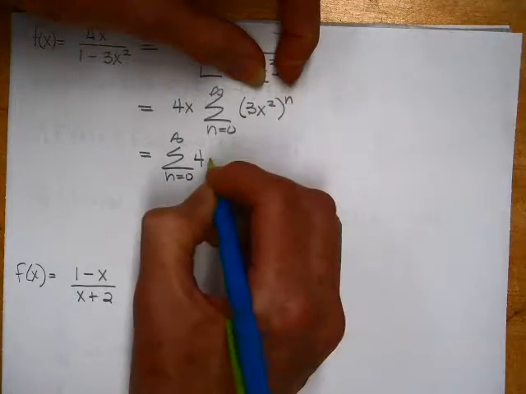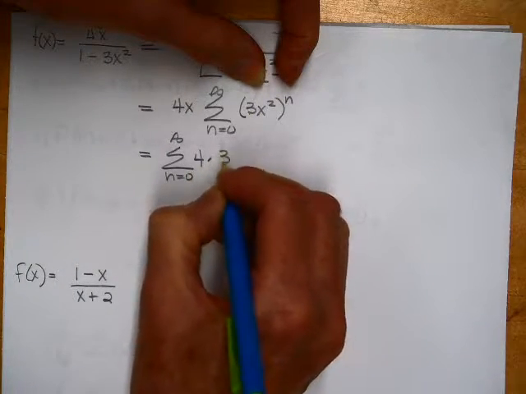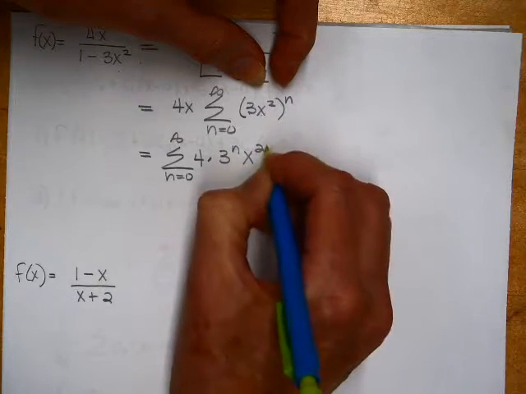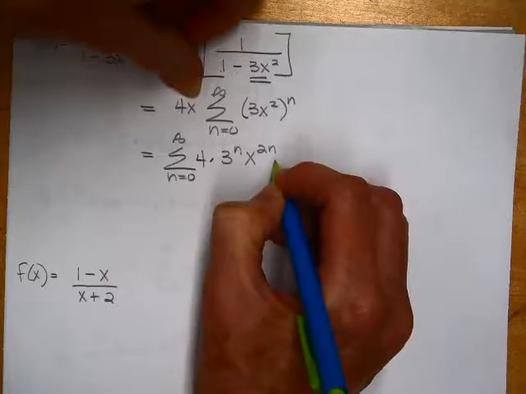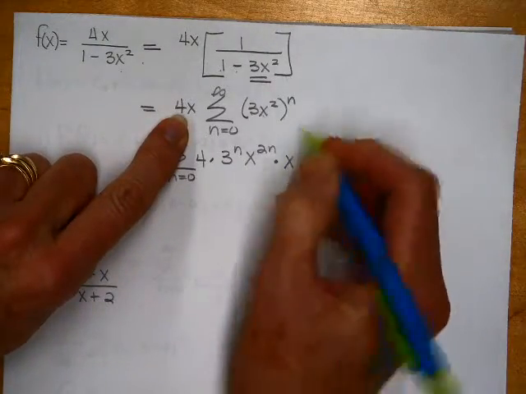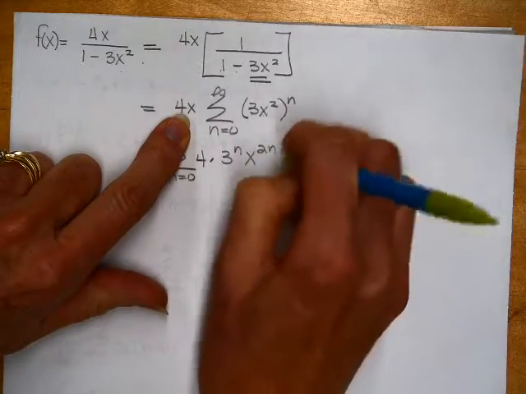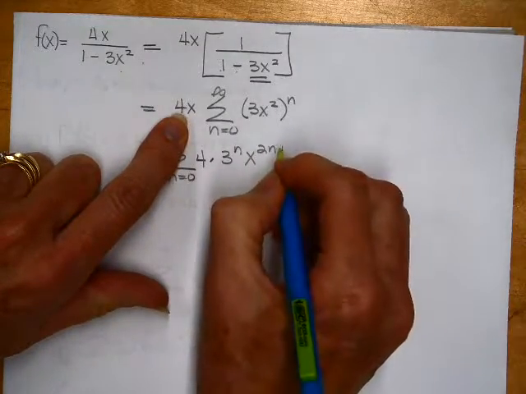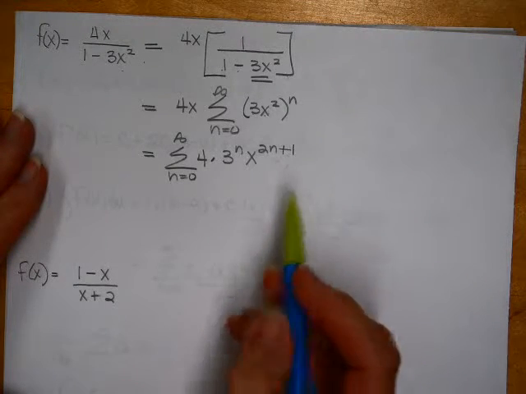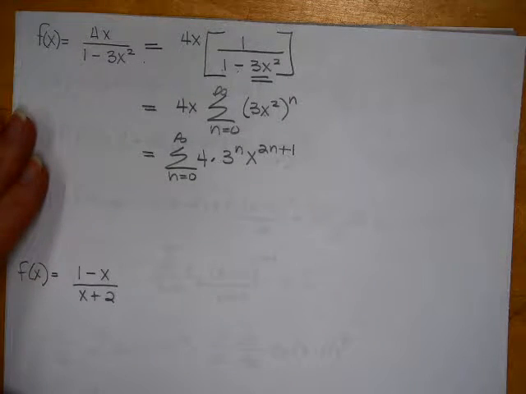This is 3 to the nth power. And this is x to the 2n power, but I have times this x that I'm bringing in, so when I bring this in, that's going to be 2n plus 1. And it's at n equals 0.